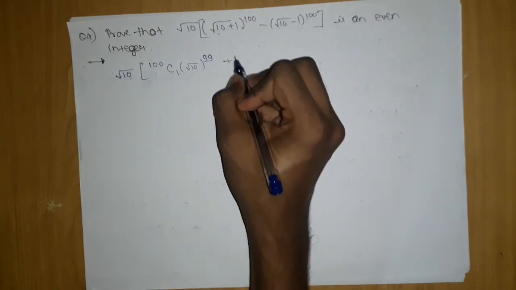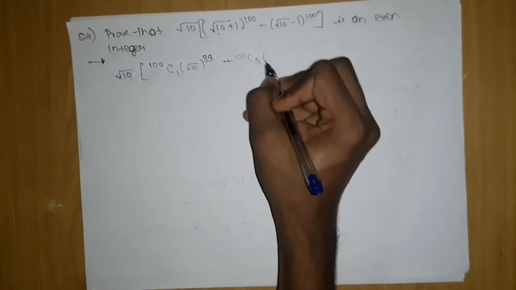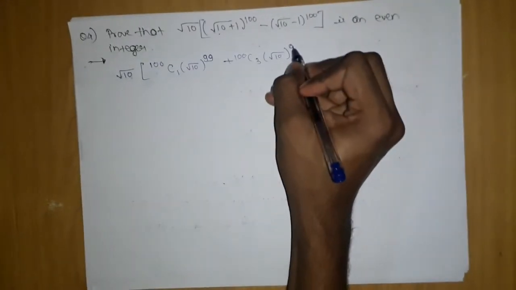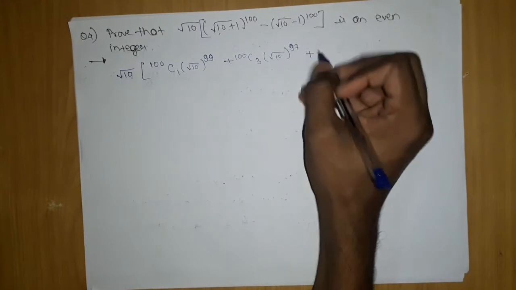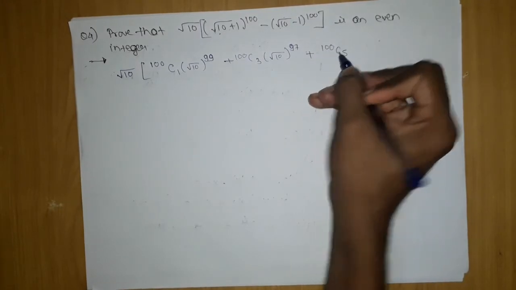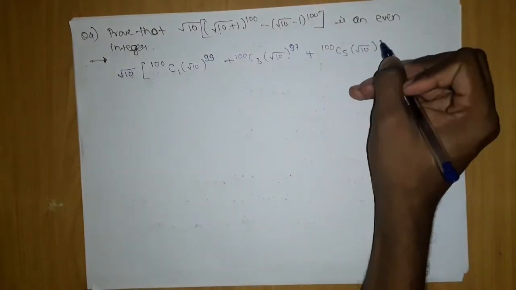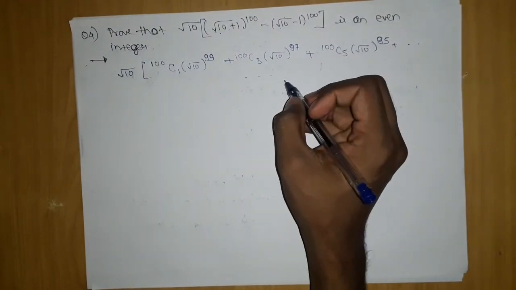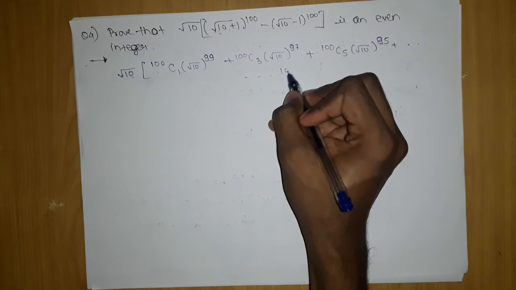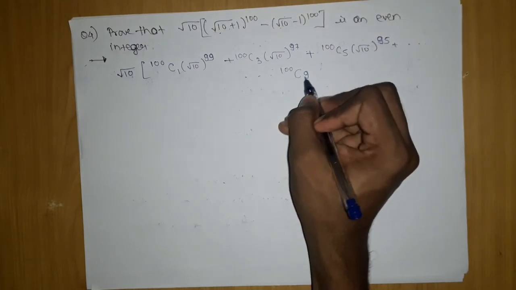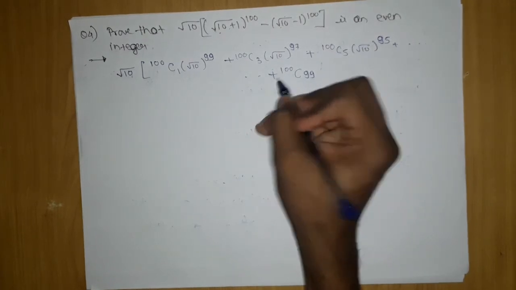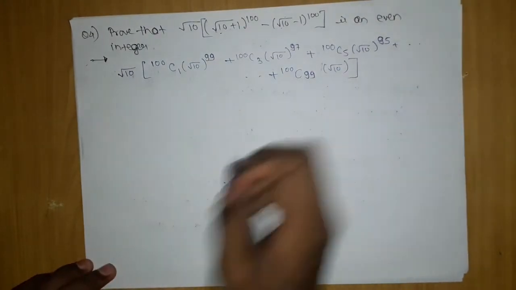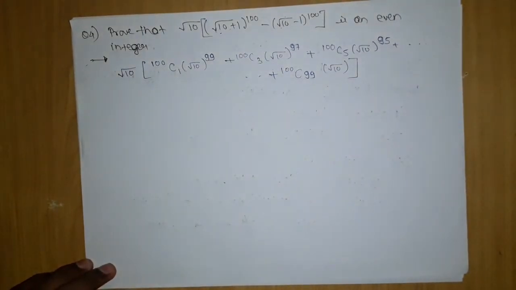Next one, 100C3 √10^(100 minus 3), 97, and 100C5 √10^95, and this will go on till we reach the 99th term, which is 100C99 into √10. Now we have to prove it is an even integer.